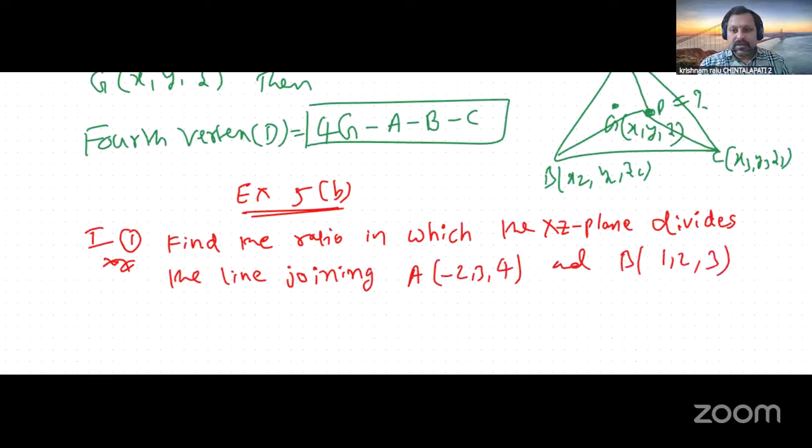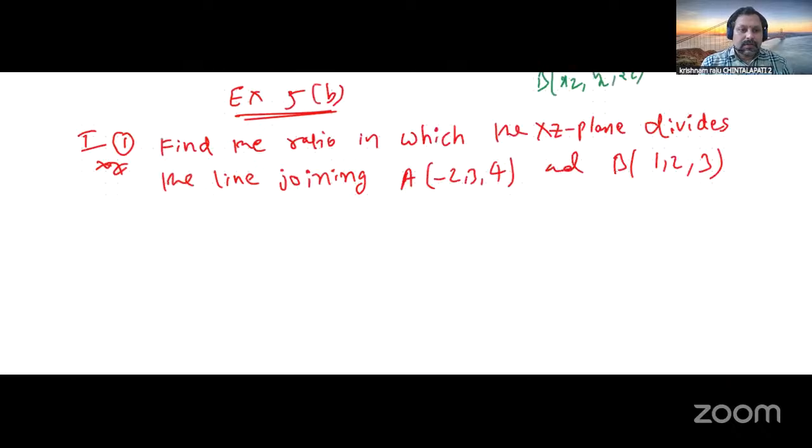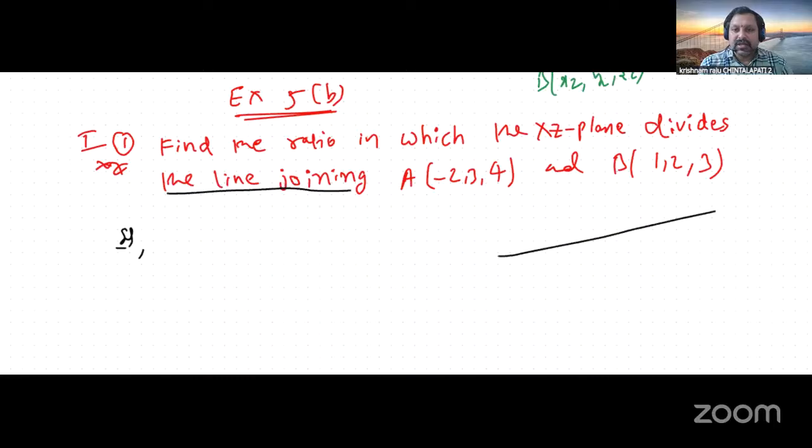So in the previous class we already discussed this concept, right? XZ plane, what is the line? Clearly they said the line joining AB. So take one rough diagram, line joining AB. The line joining points are always treated as X1, Y1, Z1. So this is X1, Y1, Z1. And B 1, 2, 3 is treated as X2, Y2, Z2.